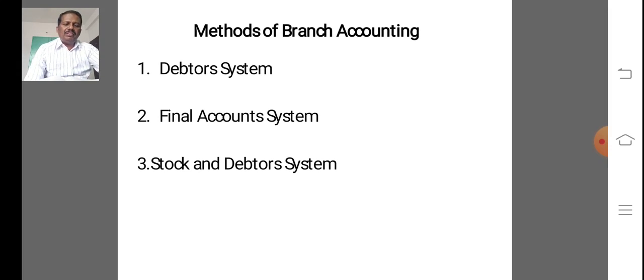So, what are the methods of branch accounting system? The first one is debtors system, final account system, and stock and debtors system.